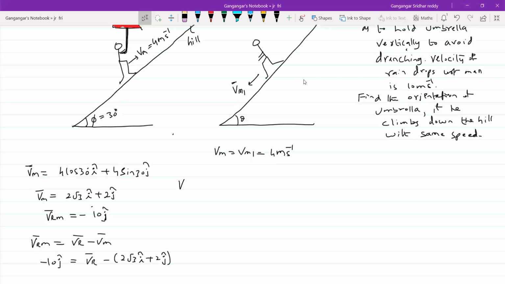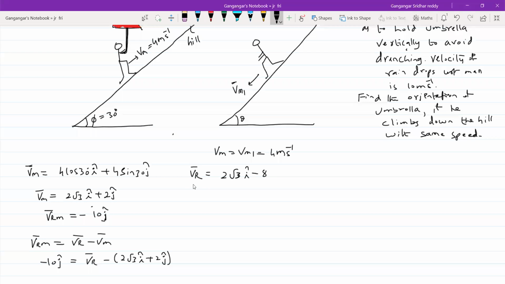So VR bar is equal to 2 root 3 i cap, then minus 2 j cap, when it moves to the LHS, becomes plus 2 j cap, and minus 10 j cap is there.